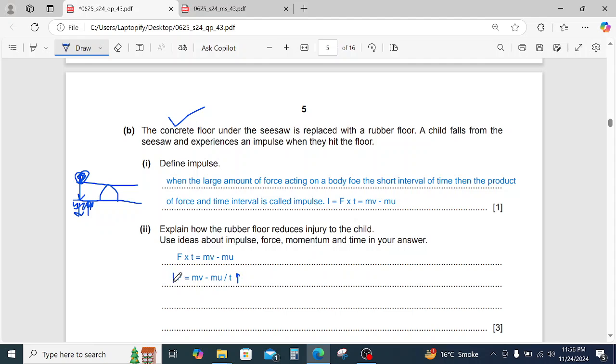As a result, less force acts on the child. That is why when the child falls on the rubber floor, it has no serious injury as compared to the effect created by the concrete floor. So you have to write your answer by using impulse, force, momentum, and time. So I can explain it.